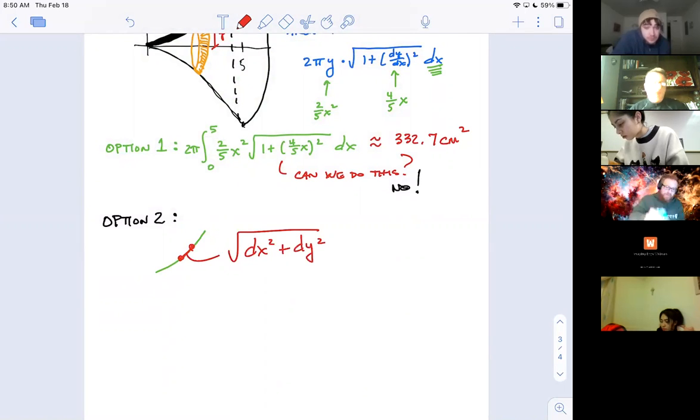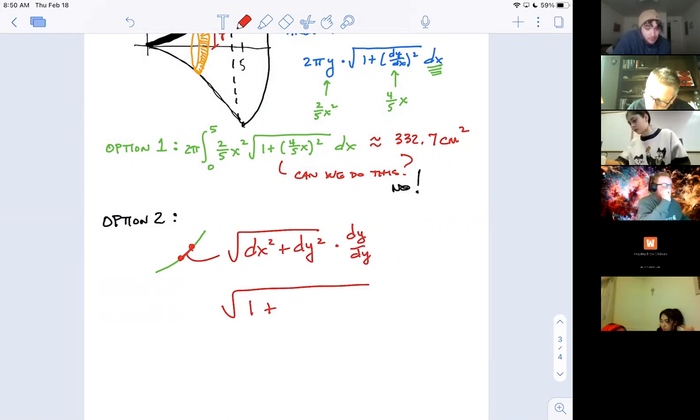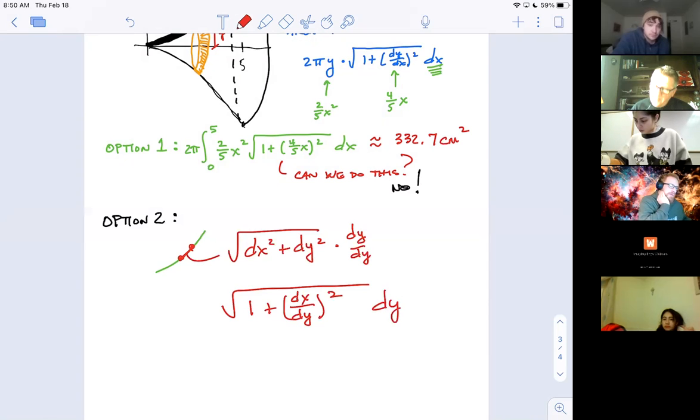But watch what I'm going to do now. This time I'm going to multiply it by dy over dy, not dx over dx. If I did that, I'm going to get dy squared over dy squared, which is 1 again, but I'm going to get plus dx squared over dy squared, which means it's not dy dx, but dx dy. And there's a dy left outside.